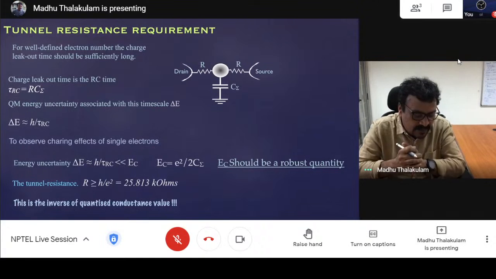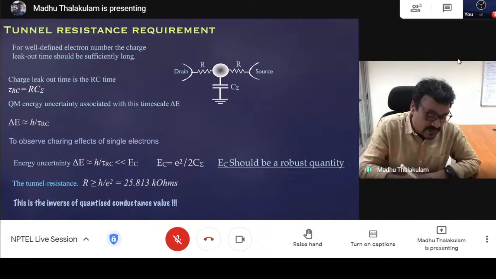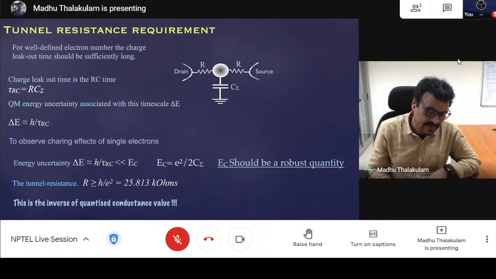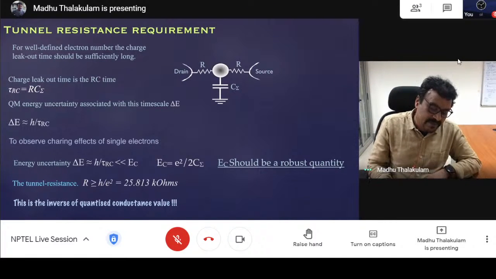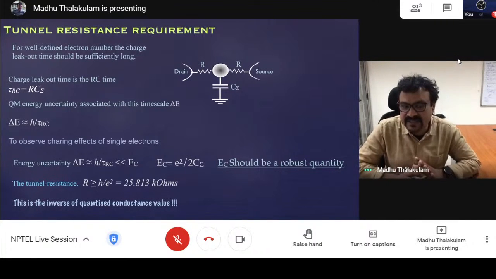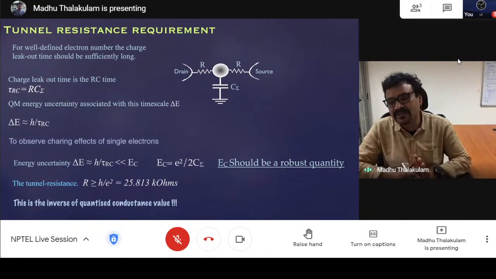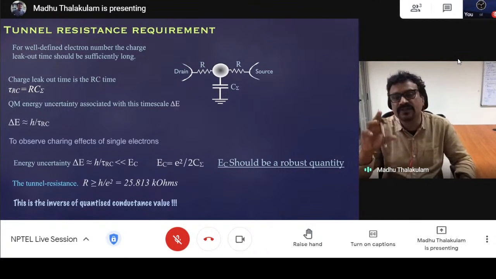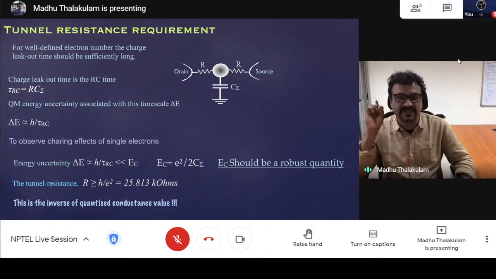Now, this charge leak out time is given by τ_RC = RC_Σ, and the energy associated with this time scale is the charging energy, because whenever the charge jumps on or off the dot, the energy of the system fluctuates by E_C.